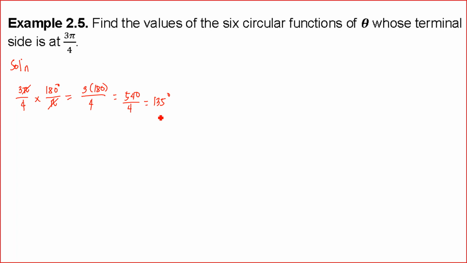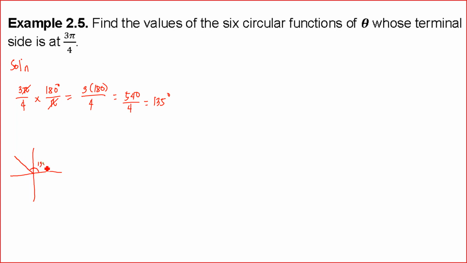To visualize more, we are going to illustrate. Here is 90, and half of the revolution is equal to 180. However, 135 is less than 180, therefore it is somewhere here. So this is the 135.